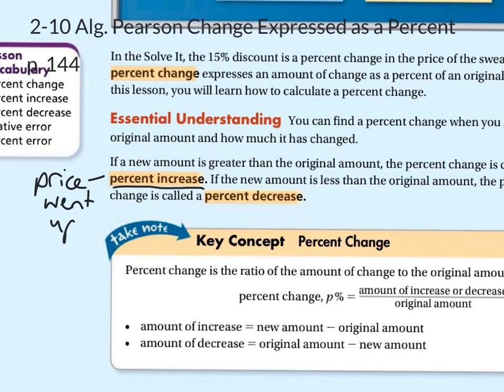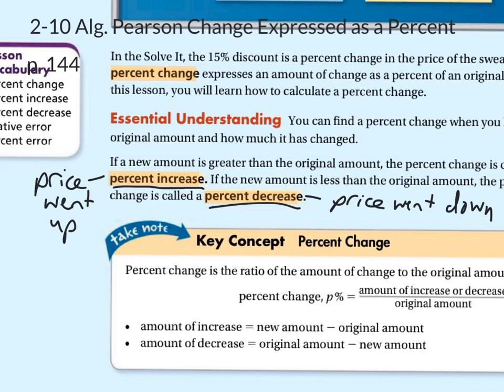If the price went up, it's a percent increase, and a percent decrease means the price went down. For example, if something was $20 and now it's $25, that's a percent increase. If something was $20 and now it's $15, that's a percent decrease.